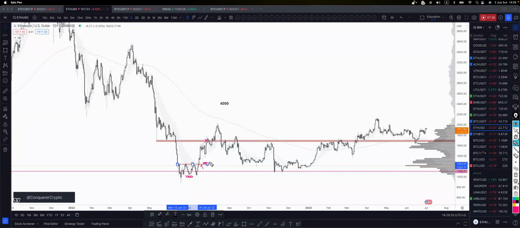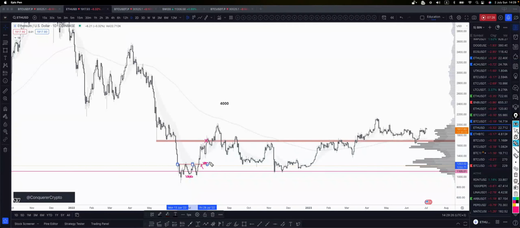So you bought another 1,000 here, let's say. Now you have 4,850. And then another breakout comes.